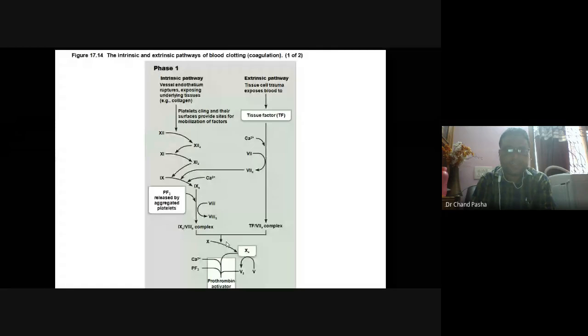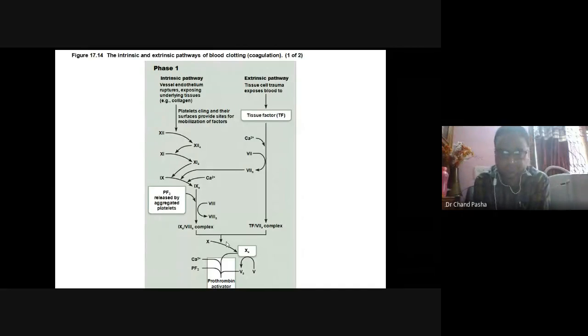Now this 9th factor and platelet factor 3, PF3 as it is called, released by the aggregated platelets, convert the 8th factor into active 8th factor. So the 8th factor plus the 9th factor which is generated here, these two factors can convert 10th into active 10th factor.